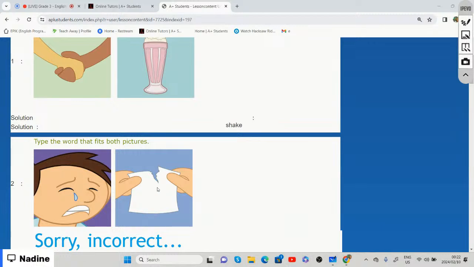And then here we have a paper, and what is happening with the paper? So we need to find the word that is basically the same spelling. Okay, the meanings are going to be different, but same spelling to what both of these pictures show.